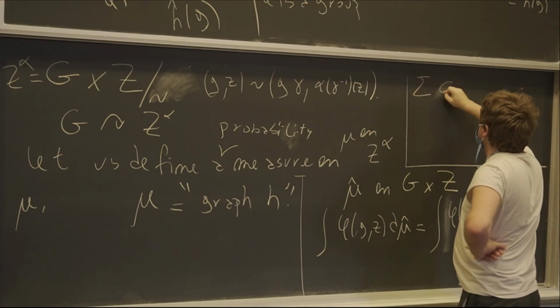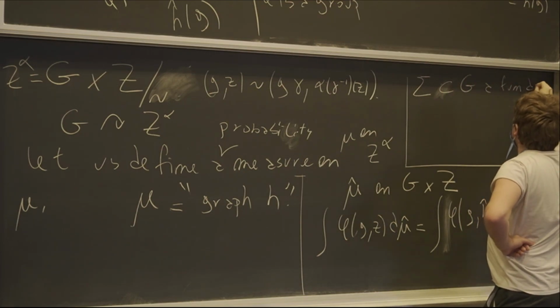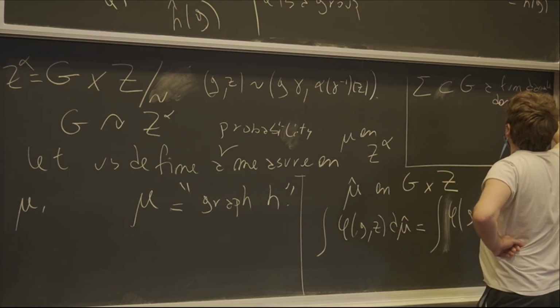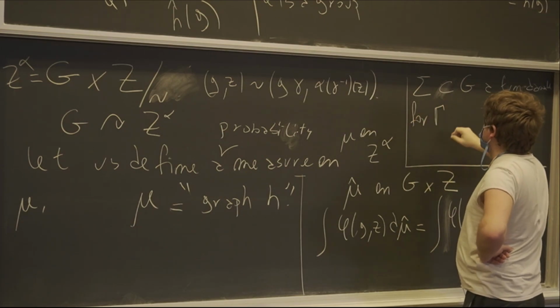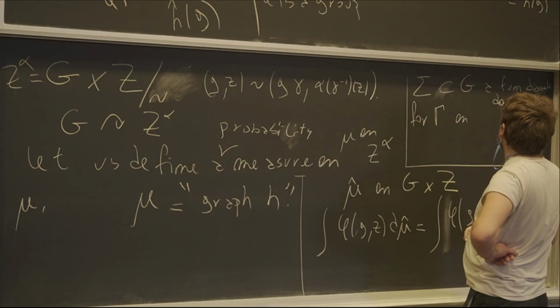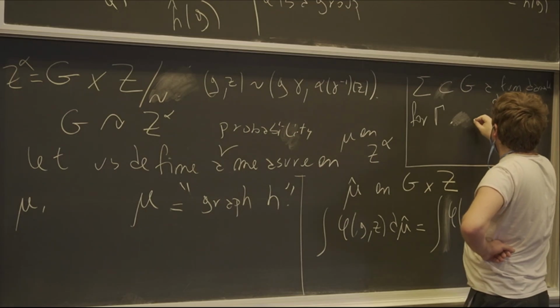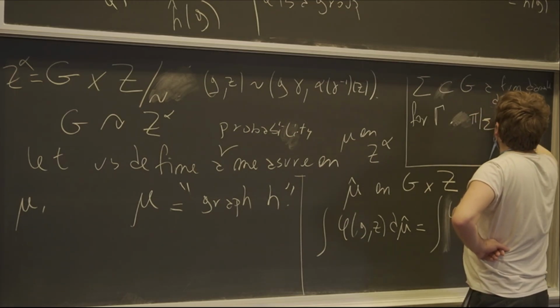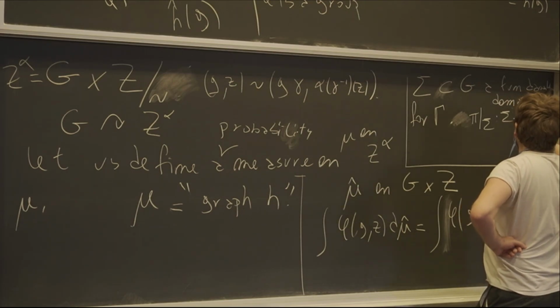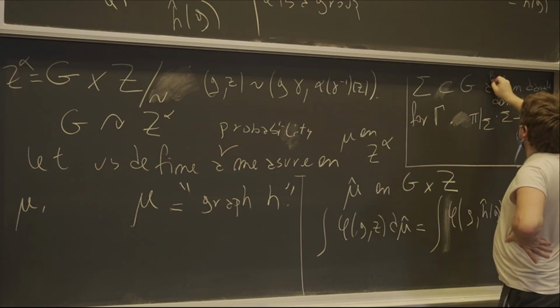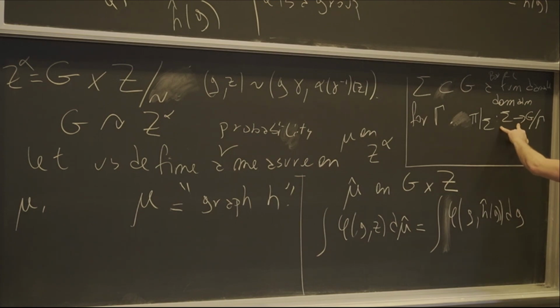a fundamental domain for gamma, and I have this pi restricted to sigma, from sigma to G mod gamma, which is now a Borel bijection, and it's also an isomorphism between Haar measure here and the restricted Haar measure there.